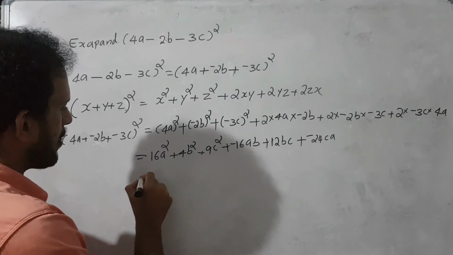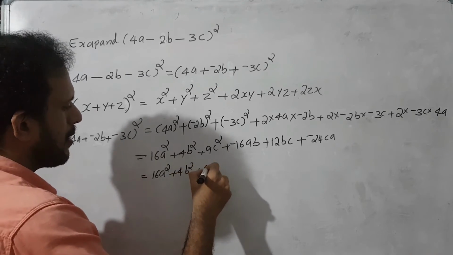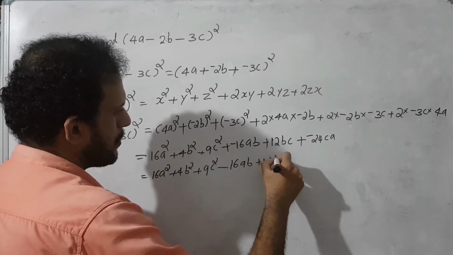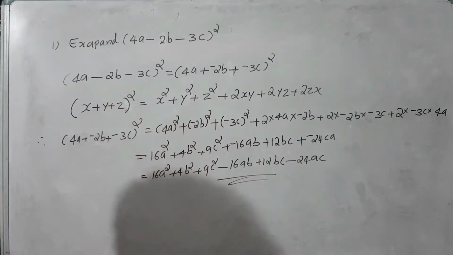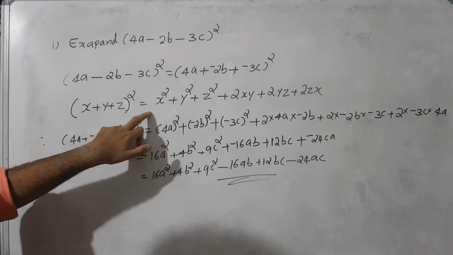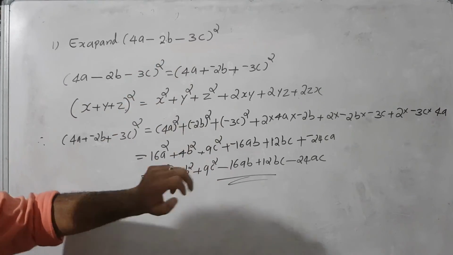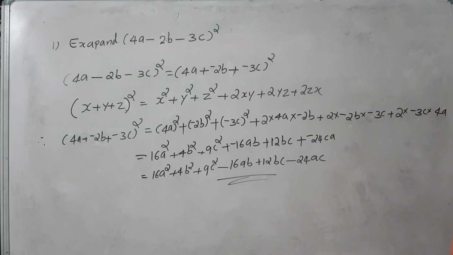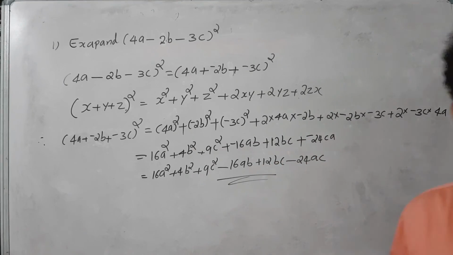Okay. Then is equal to, how to write: 16a square plus 4b square plus 9c square minus 16ab plus 12bc minus 24ac. The expanded form of (4a + (-2b) + (-3c)) whole square, or (4a - 2b - 3c) whole square, is this: 16a square plus 4b square plus 9c square minus 16ab plus 12bc minus 24ac.